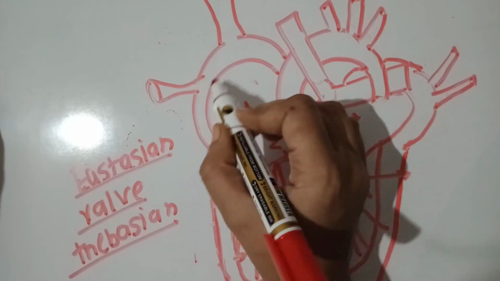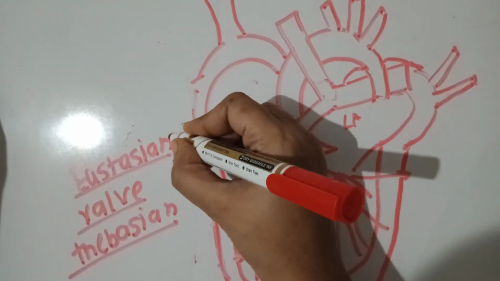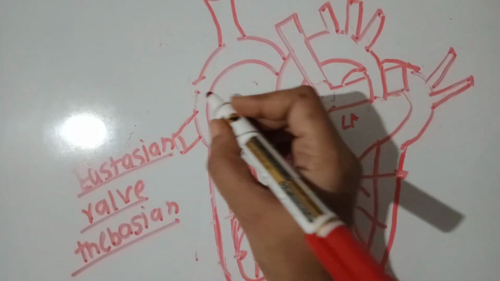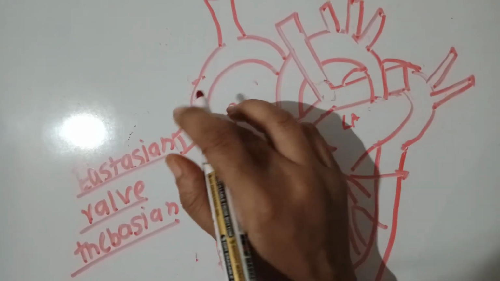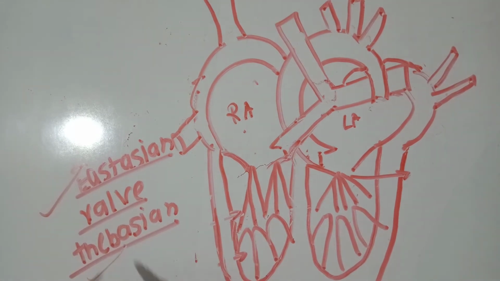It is present at the precaval, that is, the inferior vena cava. It is present at the opening of the inferior vena cava. Now, where is the Thebesian valve present?